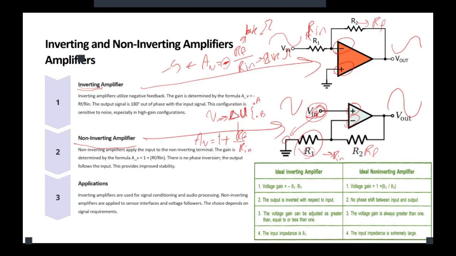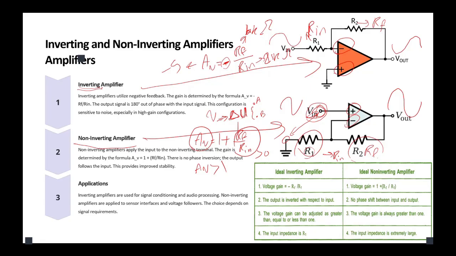That means RF and Rin are always positive, we don't have a negative resistance, so this term is always bigger than 0. So the gain in the non-inverting amplifier is always bigger than 1. This configuration is very stable and is often used for buffering, sensor interfaces, and voltage followers.